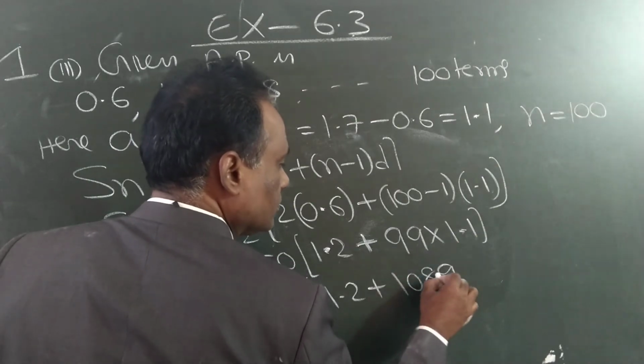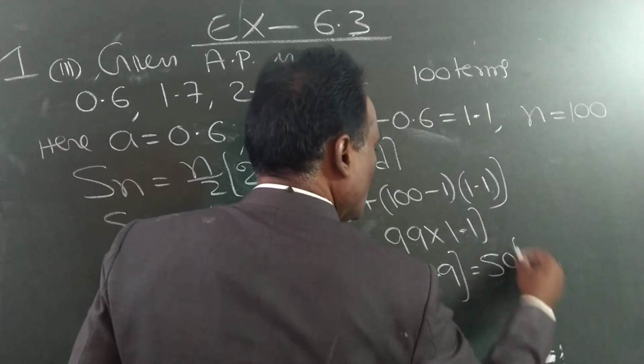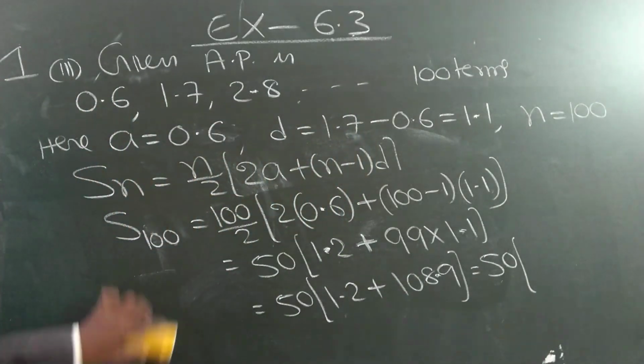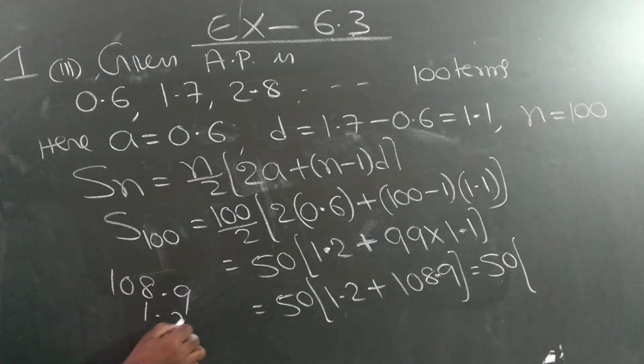So the decimal gives 108.9. Then 50 into, add these two, 108.9 plus 1.2.